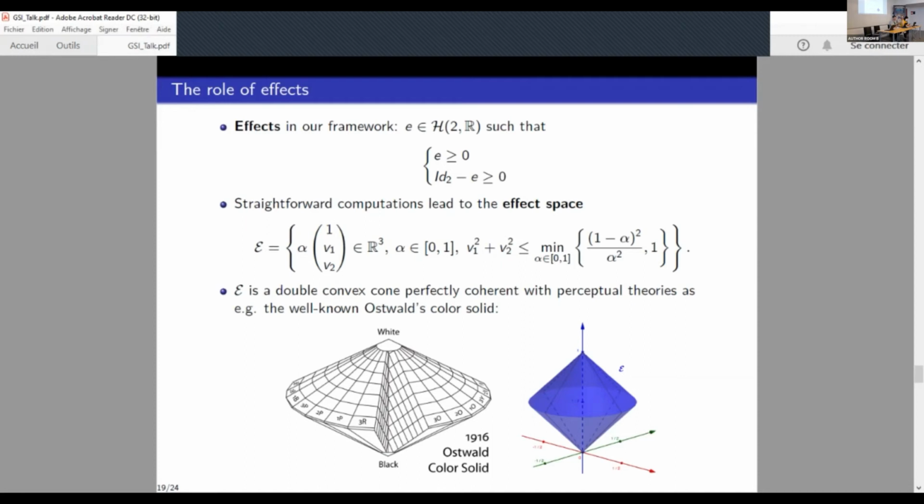And if we develop the geometrical representation of this space, we find this double convex cone, which, as you can see, agrees perfectly with the so-called Ostwald color solid proposed on a purely intuitive basis in 1916.